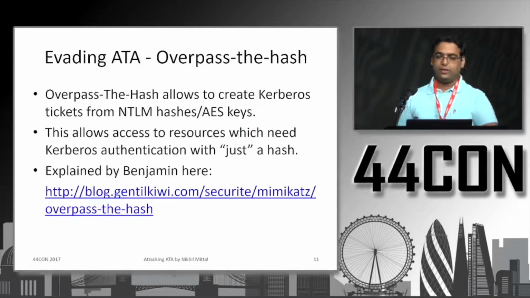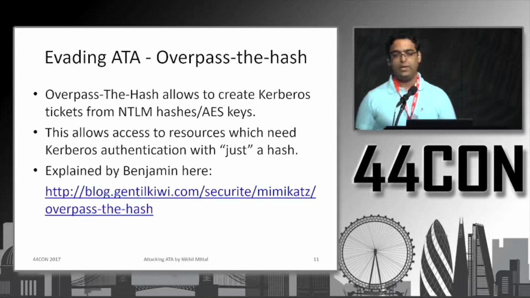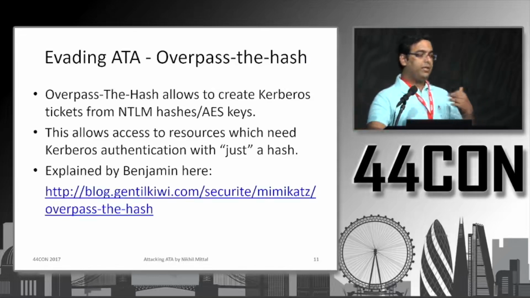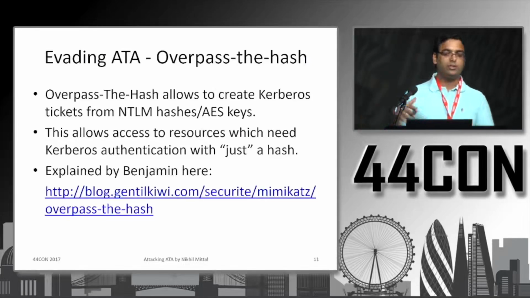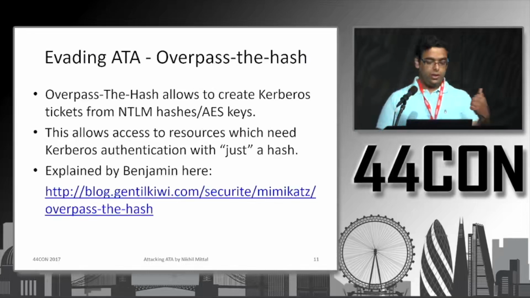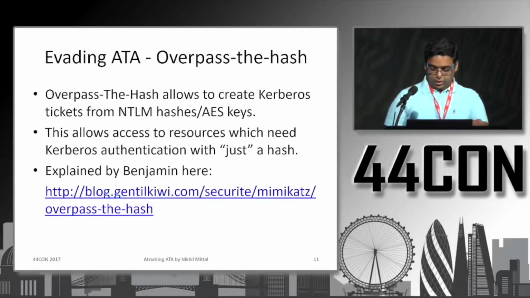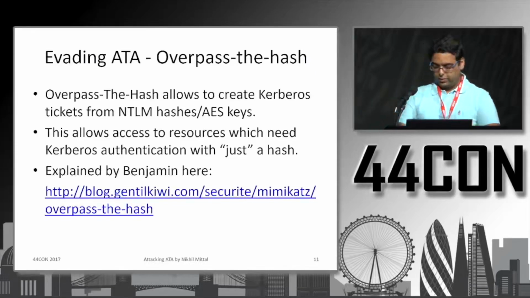That's what credentials are. You cannot extract them in clear text anymore. So if you have access to the NTLM hash of a domain admin, our next step is lateral movement. We would like to use attacks like Overpass-the-Hash to use those credentials to access other resources, right? You may like to read more about Overpass-the-Hash on Benjamin's blog, the guy who wrote Mimikatz.